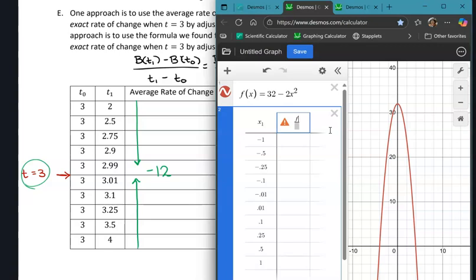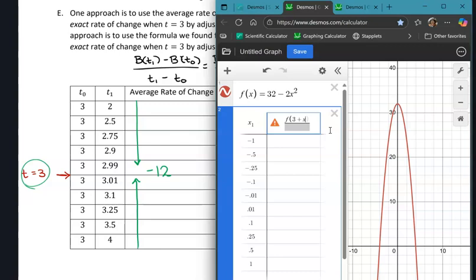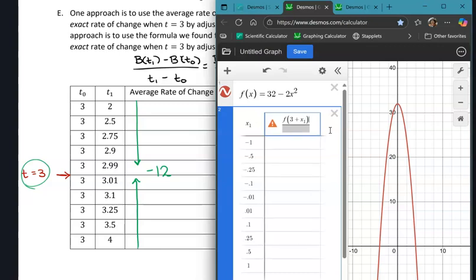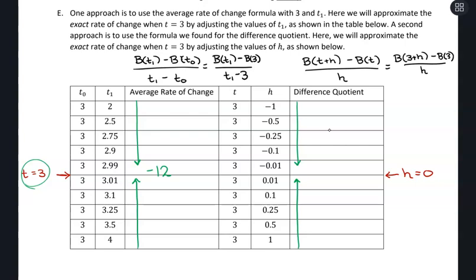So I'm going to go f parentheses, and then we're going to take 3 plus our value for x1. So I'm typing plus x1, close parentheses, and then we're going to subtract away f of 3, and then do all of that over our value for x1. And with that, we can see that same approaching of -12 from below and above. And with that, we can see how our instantaneous rate of change comes through.